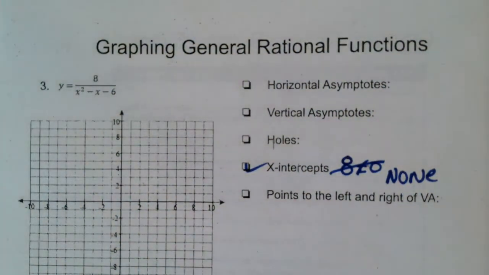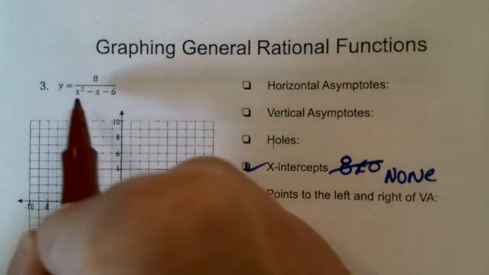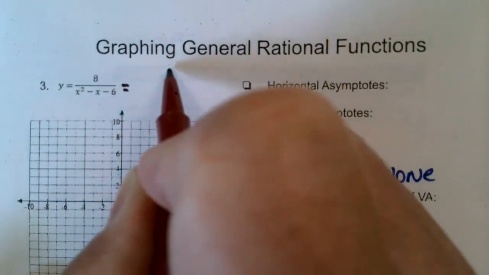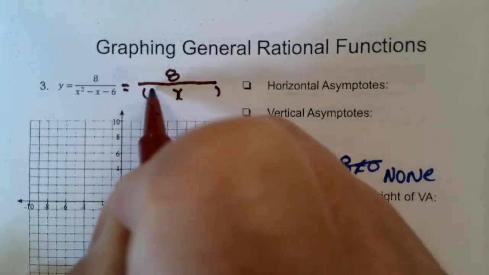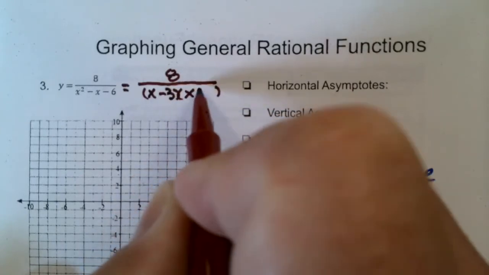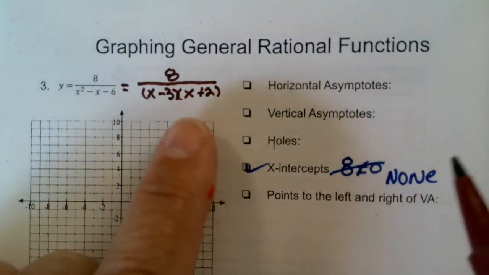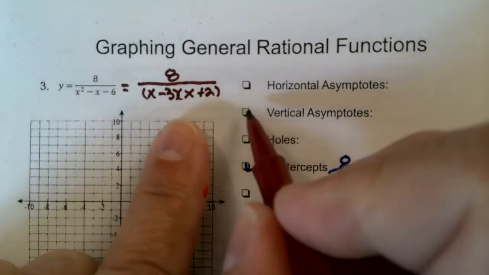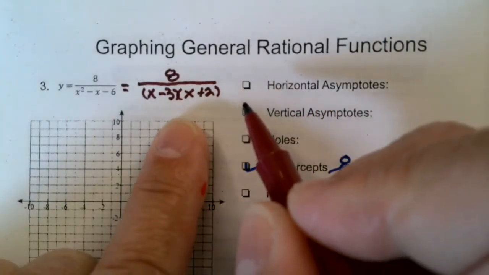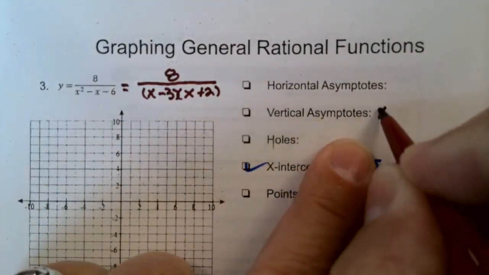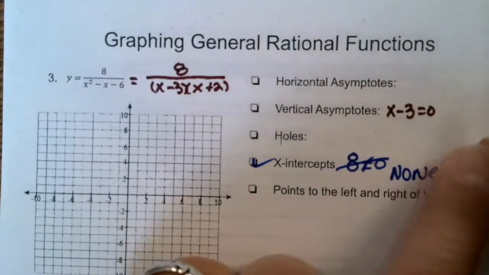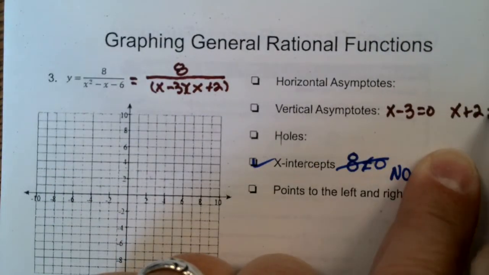Then we want to look for our vertical asymptotes. The vertical asymptotes, remember, if we factor and solve the new denominator. So if I factor the denominator here, that's going to be x minus 3 times x plus 2. All right. So for my vertical asymptote, I'm trying not to get them mixed up. I have x minus 3 equals 0 and x plus 2 equals 0.